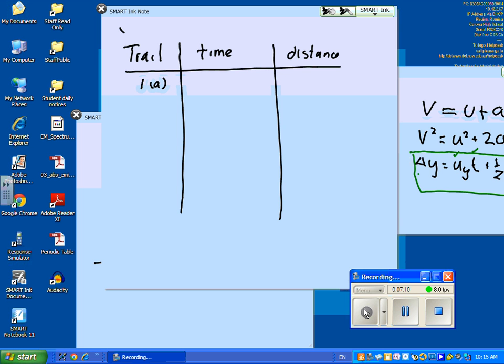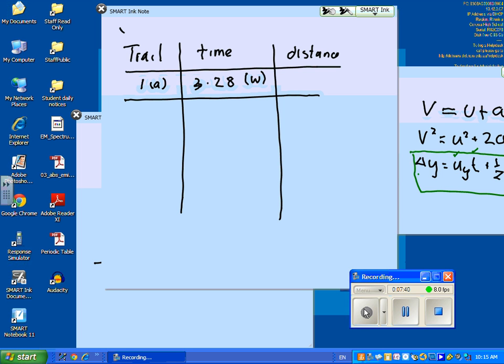Now, I'm going to put down 1A, 1B because I have 2 times for the same one. That's just on a scrap piece of paper. So this afternoon when you write the prac report up, you have all the data for it. That was with the white disc in it.